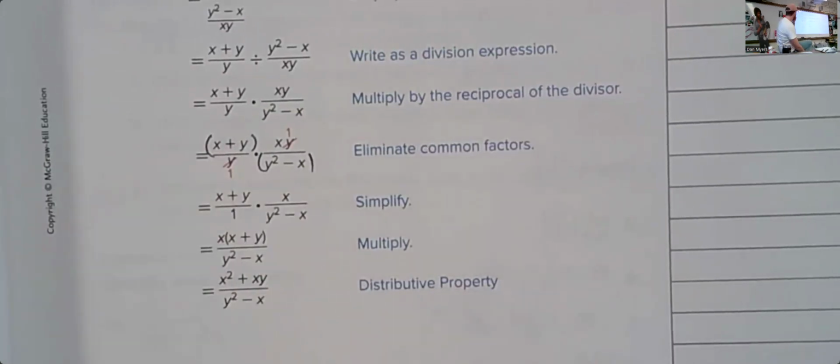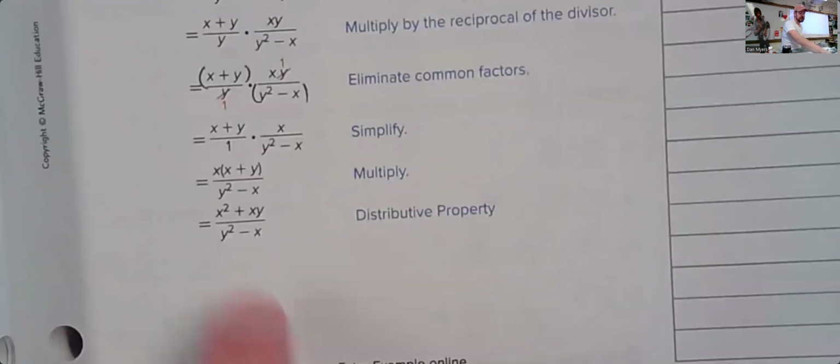So if there was an x plus y on the denominator, or there's a y squared minus x on the numerator, then yeah, we could cancel one of those out. But factors need to include the same elements. So good question. All right. Keep going here.